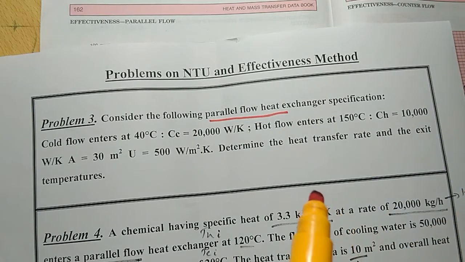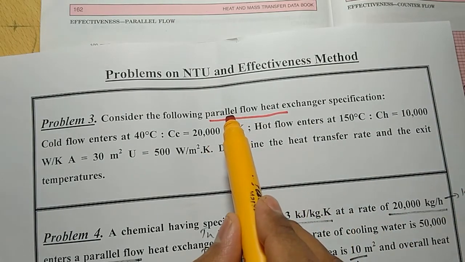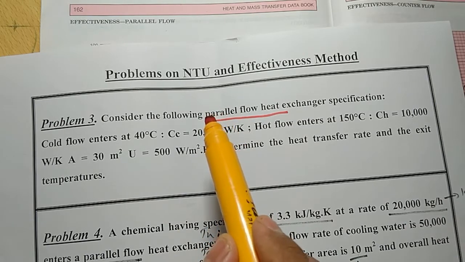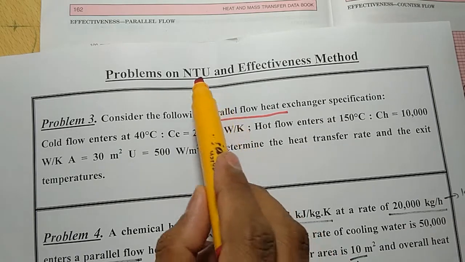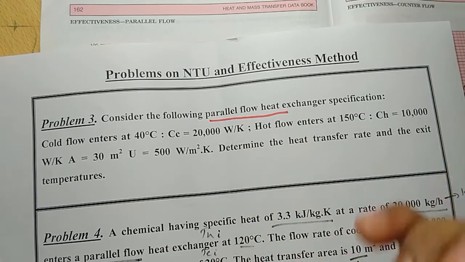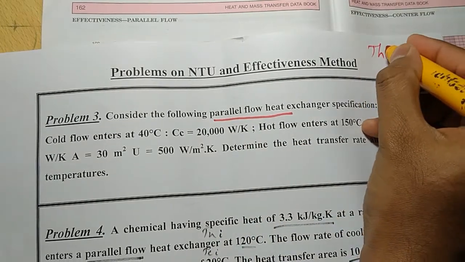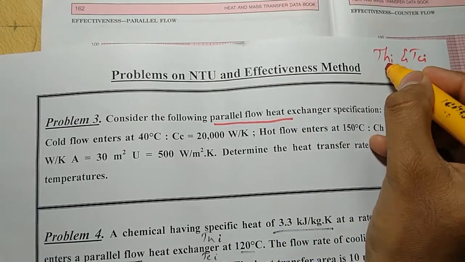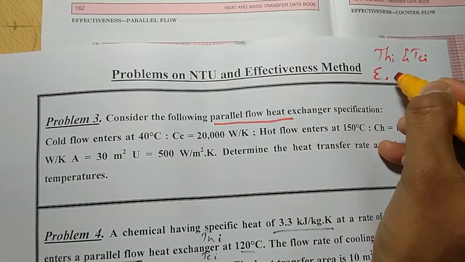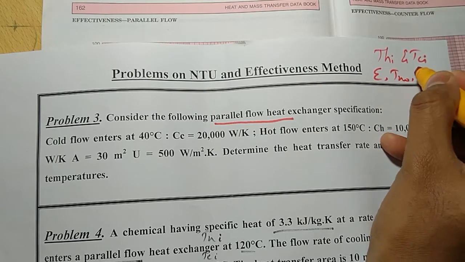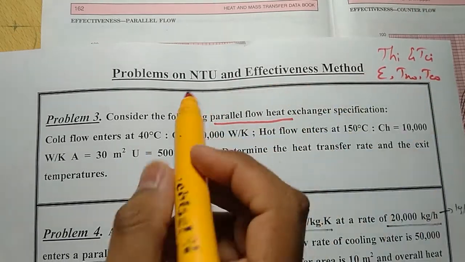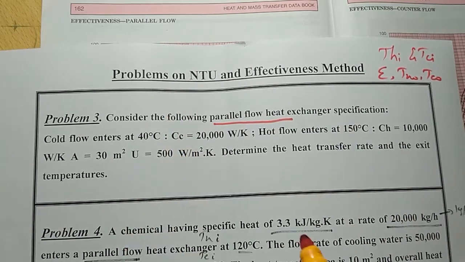One more clue: if THI and TCI are given, or if they ask to find effectiveness, or to find TH naught and TC naught, both the temperatures, then understand that you should go for this method only.